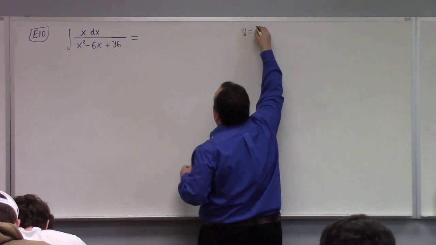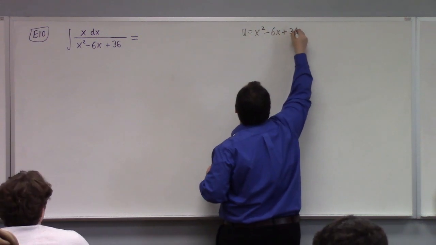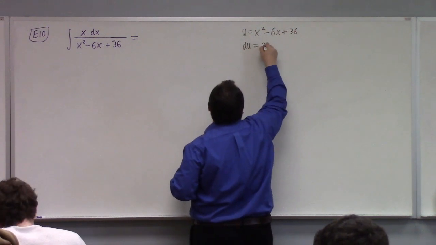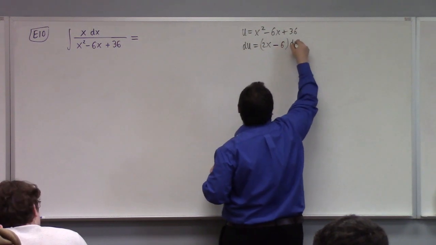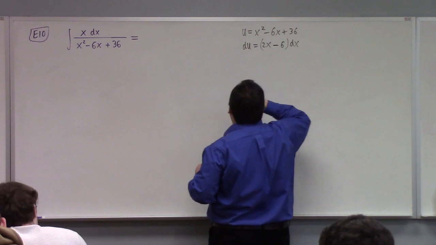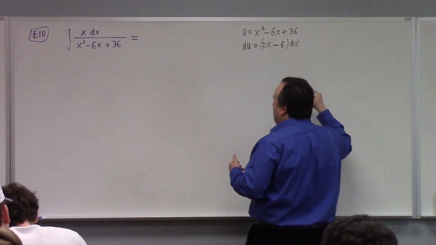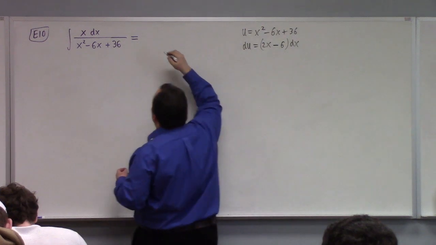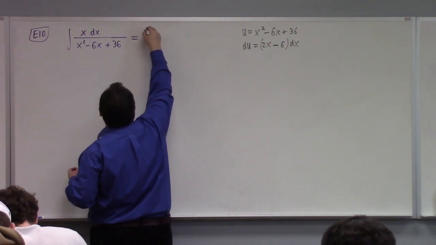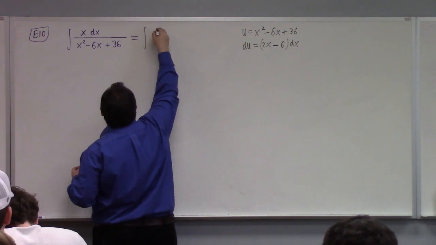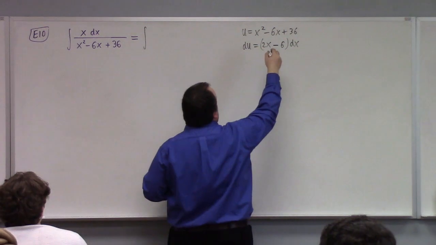if I let u equal x squared minus 6x plus 36, that makes du equal 2x minus 6 dx, right? So if you use your imagination, you can see that this is a factor of 2 out.